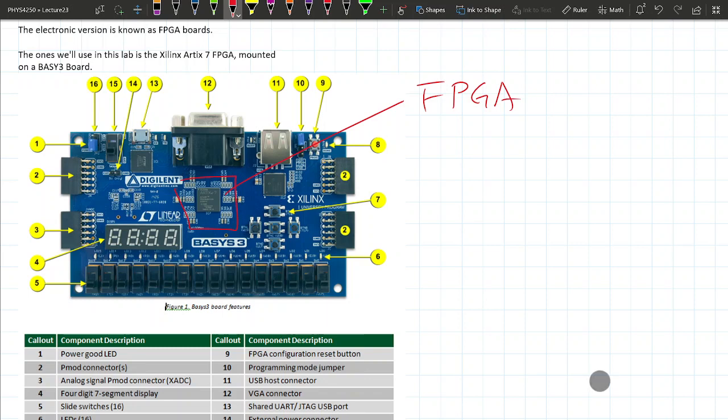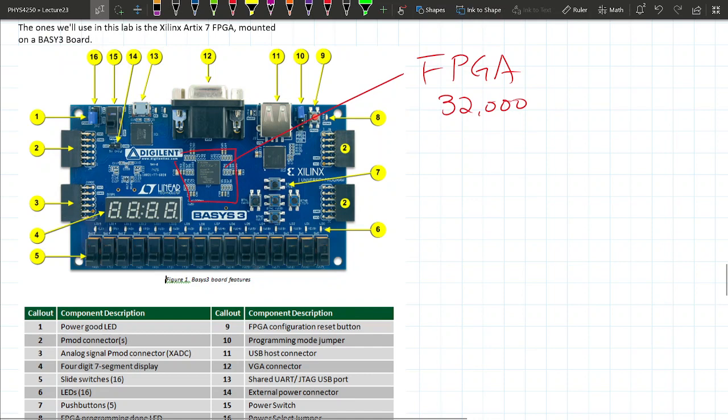In fact, it has 32,000 of these wire connections possible. Essentially, in order to run the FPGA, that's all you need. Well, you need a power supply, and that's it. These boards are nice because they're designed for you guys to learn on.